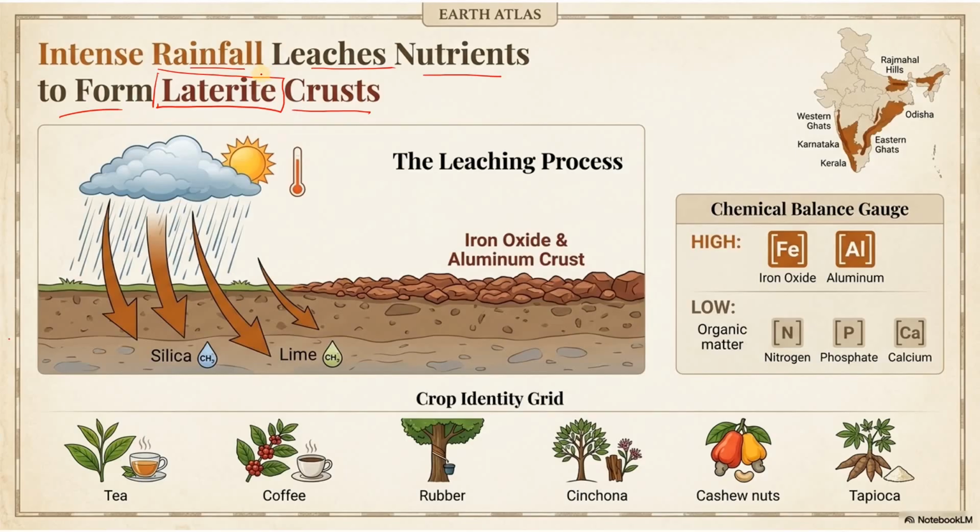Because of rainfall, leaching, meaning the washing away of other important nutrients or matter such as nitrogen, phosphorus, phosphate, and calcium, takes place. And what remains? It remains the iron and aluminum.